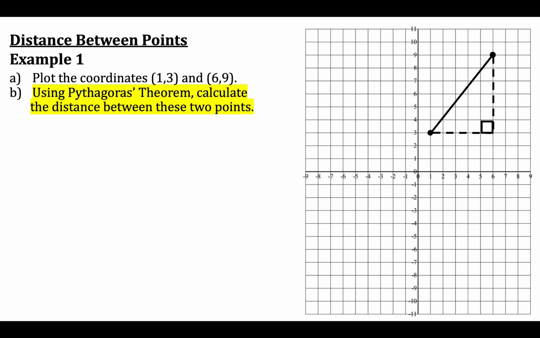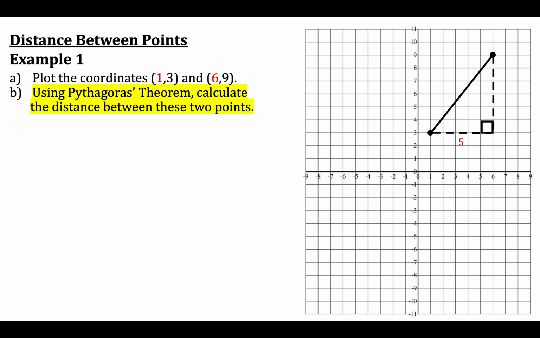So if we look along this horizontal line here, now that's parallel to the x-axis, and on that horizontal line I've got 1, 2, 3, 4, 5 units.